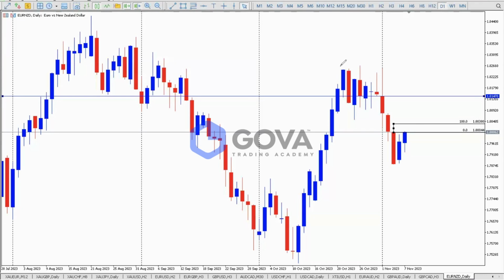You can see this is the psychological supply level here. So assuming the trade was sitting around here, it is going to be a good trade, because that is the psychological supply level. Whenever the market comes into that level, market price usually rejects.